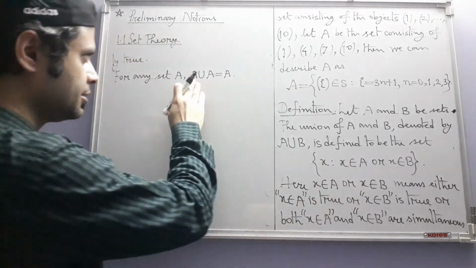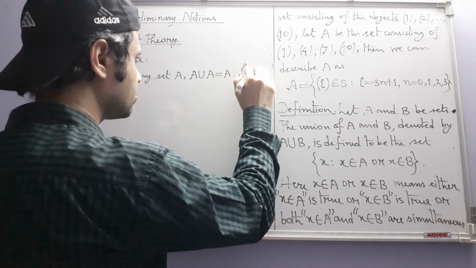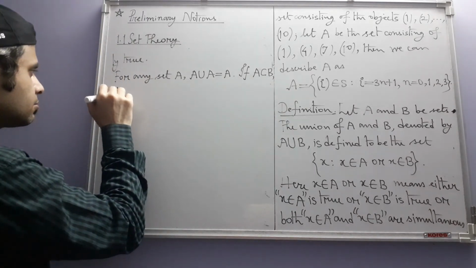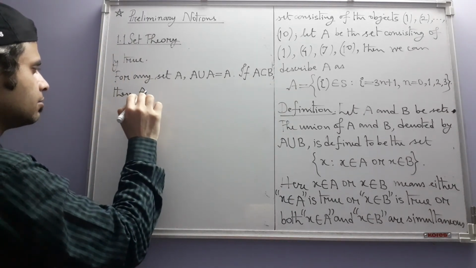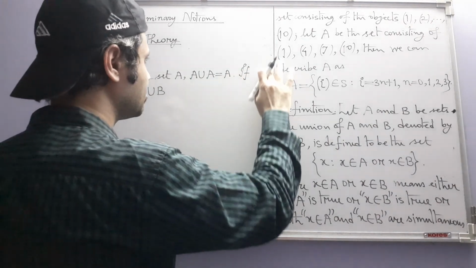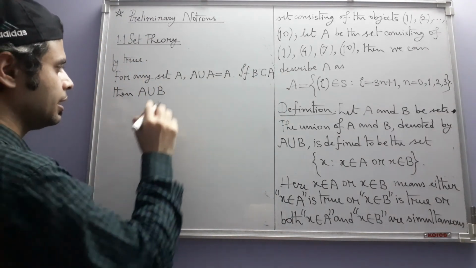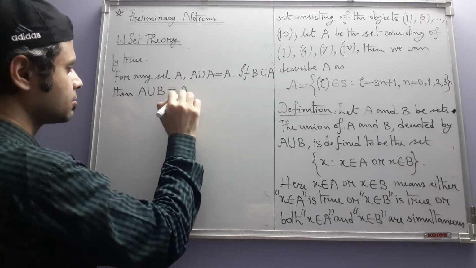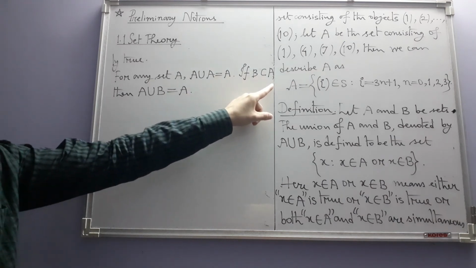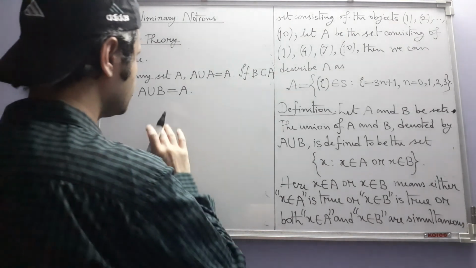You look at the definition and see why A union A is equal to A. If A is a subset of B, then A union B equals B, but let us take it the way it is given in the book. The union of two sets, one of which is contained in the other, is the bigger set. Okay.